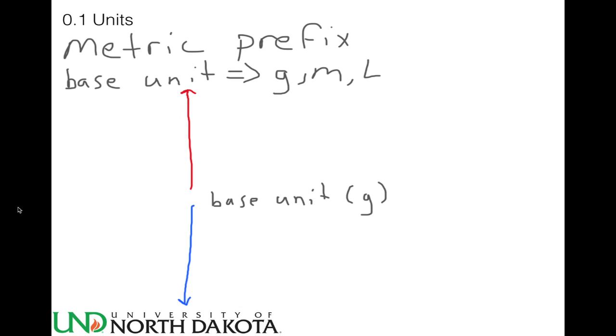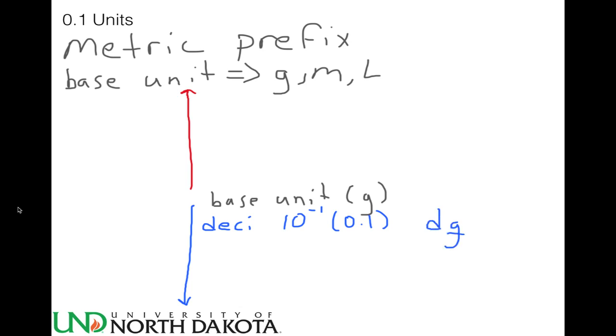For example, smaller than 1 metric prefixes would be like deci. So deci is the name of the prefix. What it means is you multiply your base unit by a factor of 10 to the negative 1, or 0.1, to get a decigram. And a decigram would be abbreviated as lowercase d and then g.